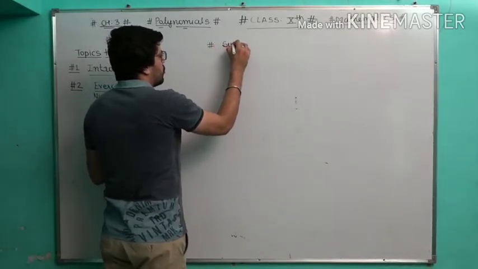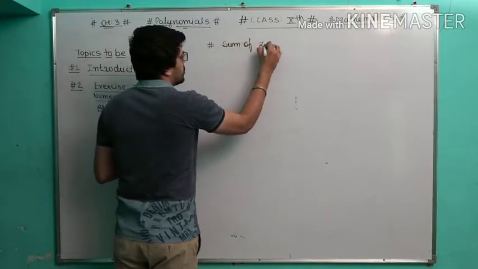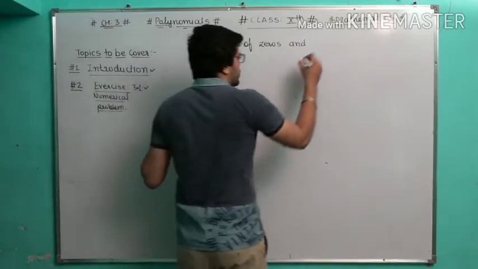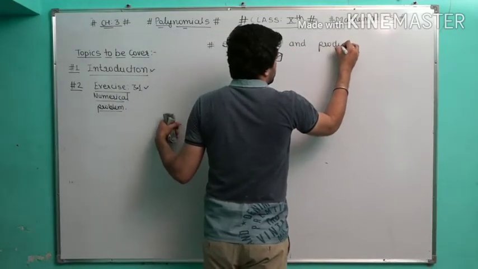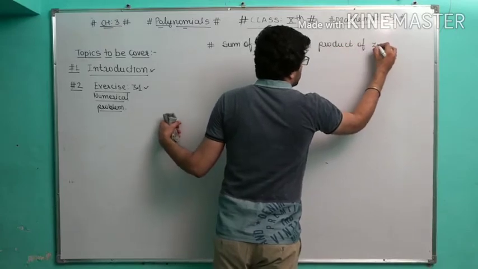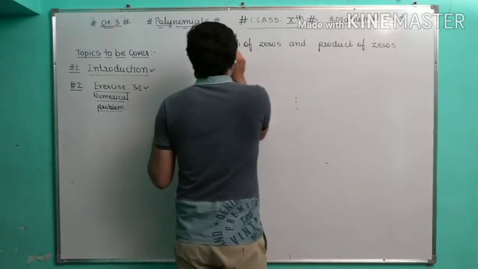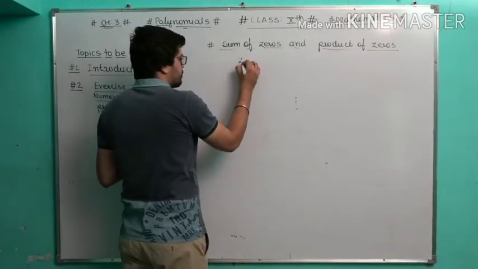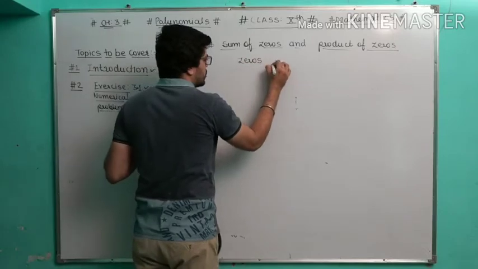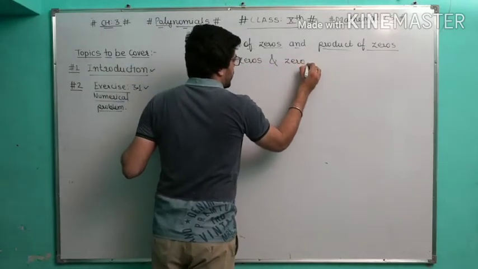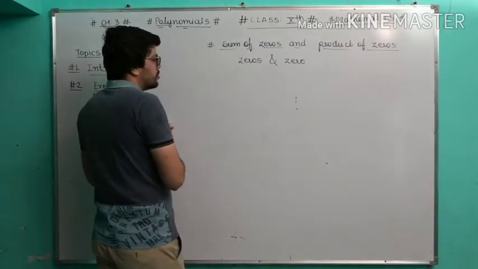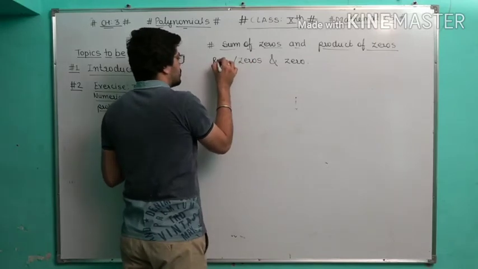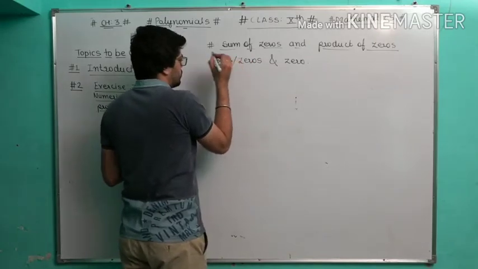First we are going to talk about finding the sum of zeros and product of zeros. So let's first understand what you mean by zeros and zero. Zeros, you can also say, are roots.